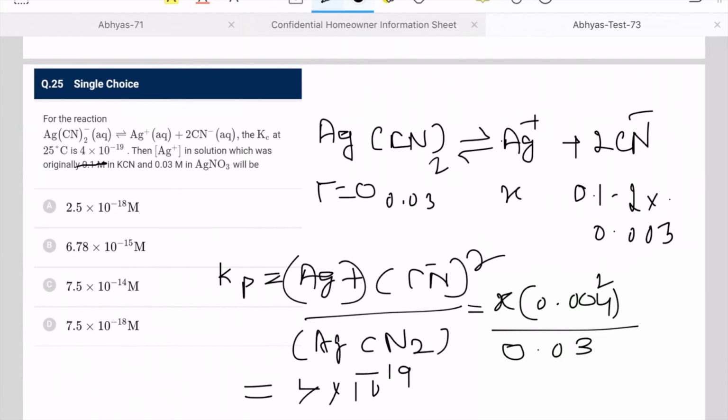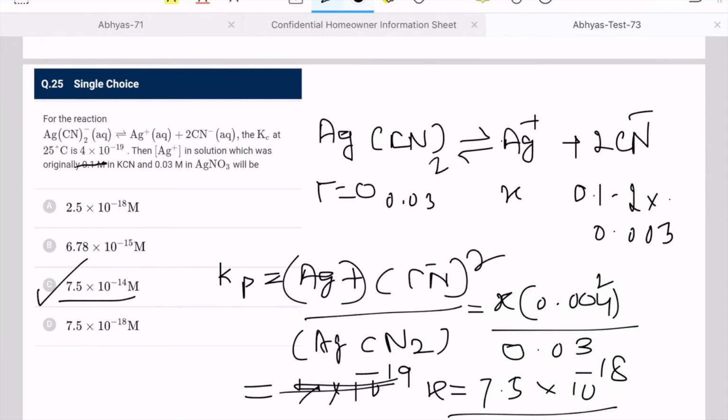So if you solve this one, sorry, after solving, x is equal to 7.5 into 10 to the power of minus 18. So D is the correct option.